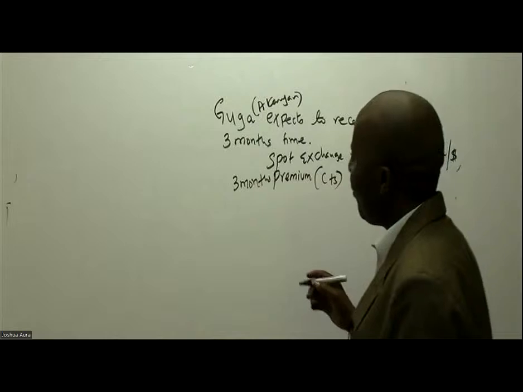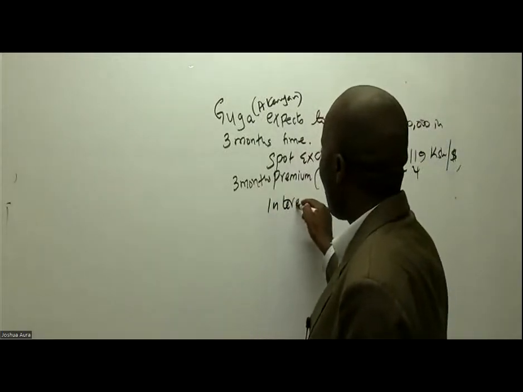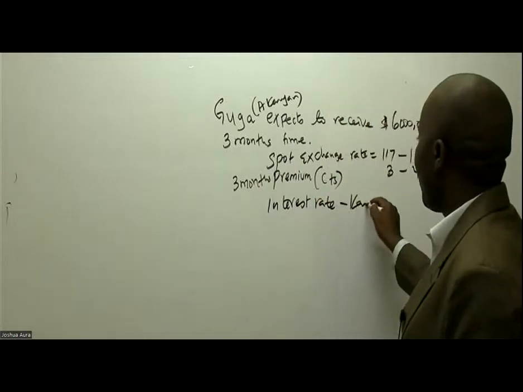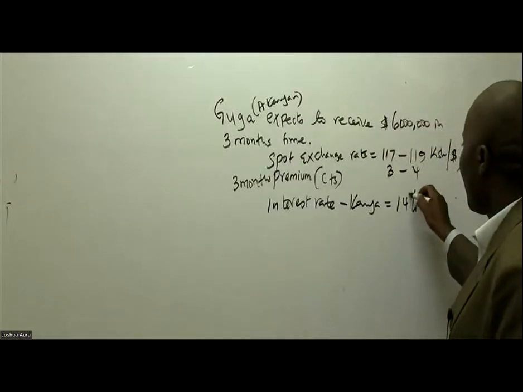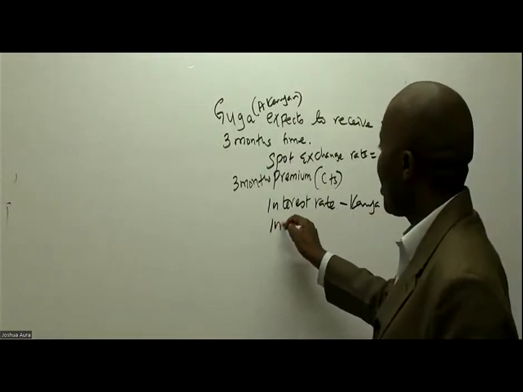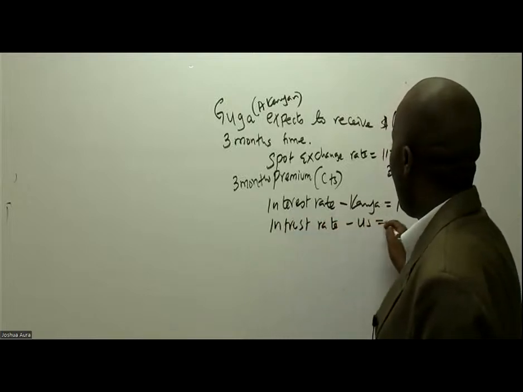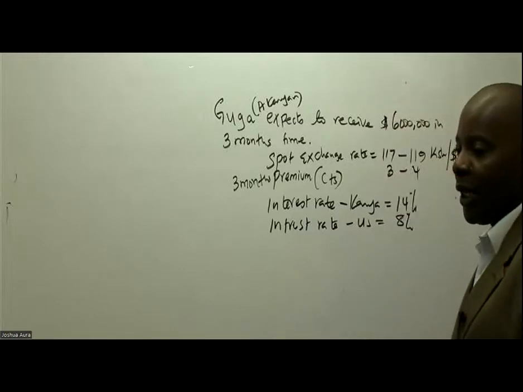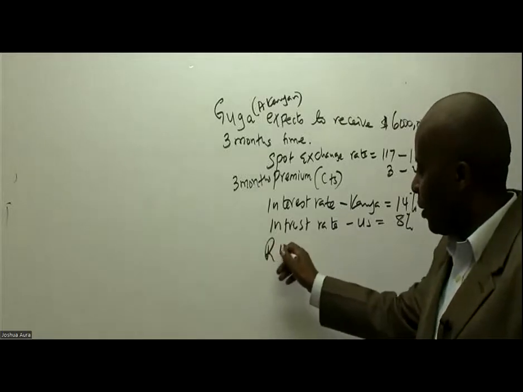Then they'll give you the interest rate: Kenya equals 14%, US equals 8%. And then you'll be required to do something very simple.